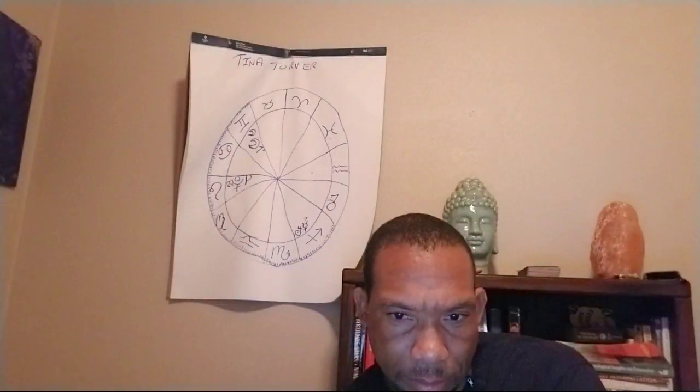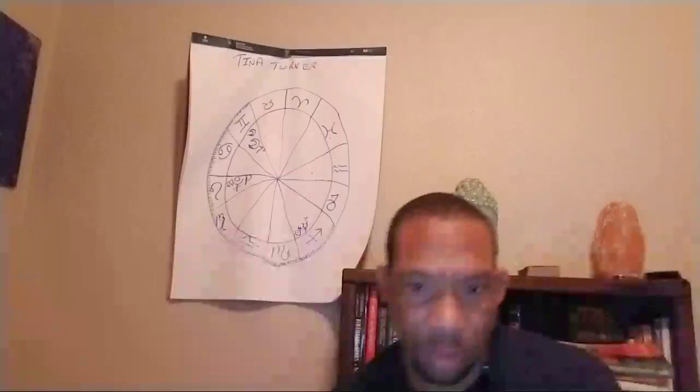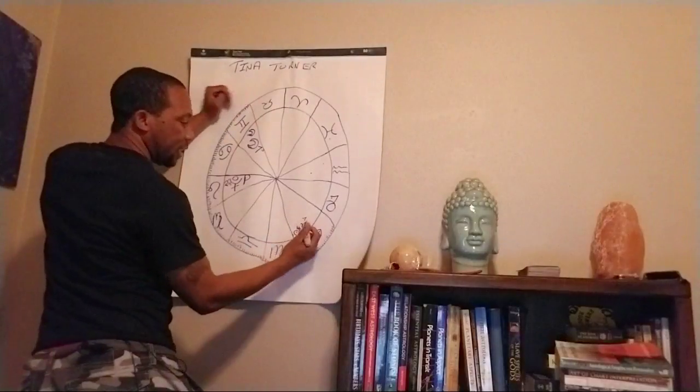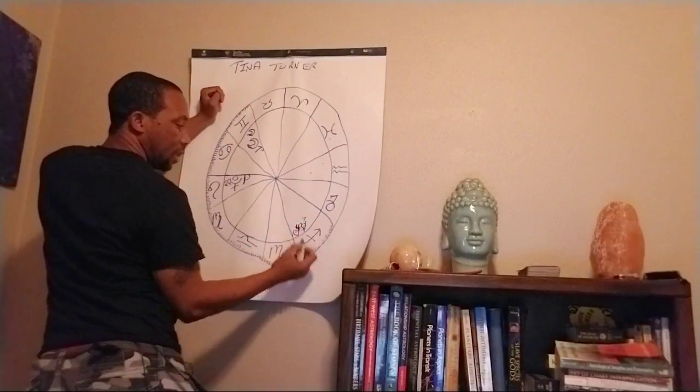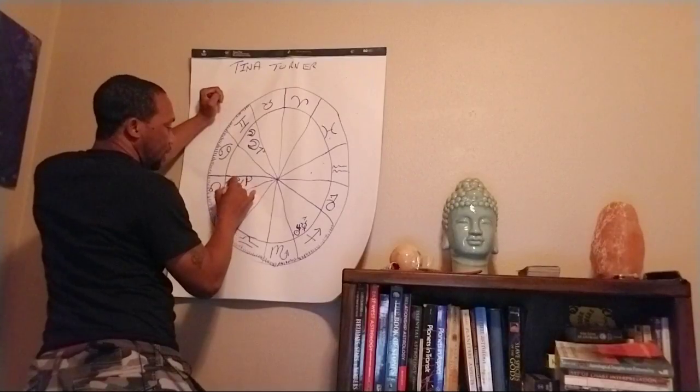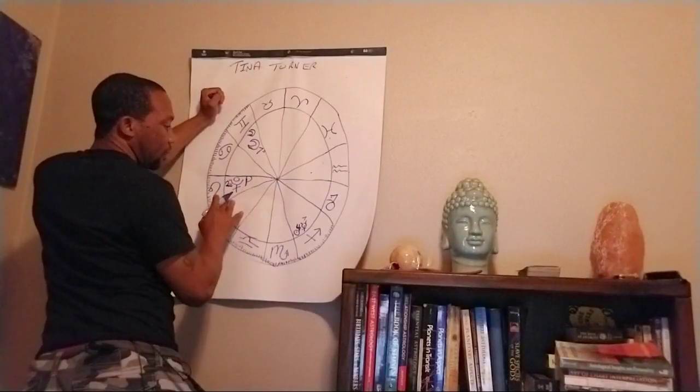Let's go with Sun and Pluto. She has a Sun at 7 degrees Sagittarius, and a Pluto at 2 degrees Leo.